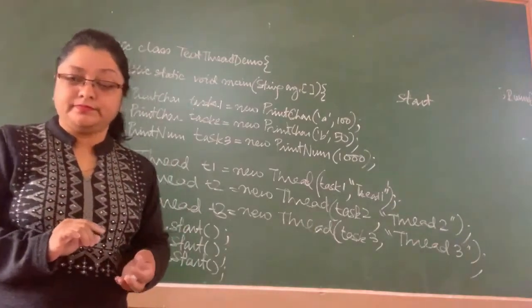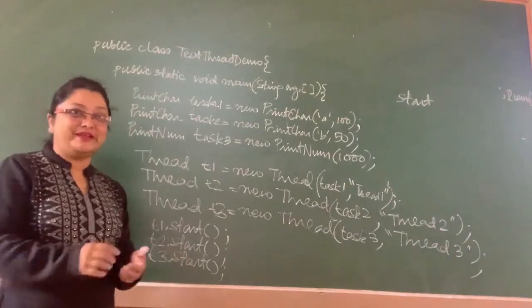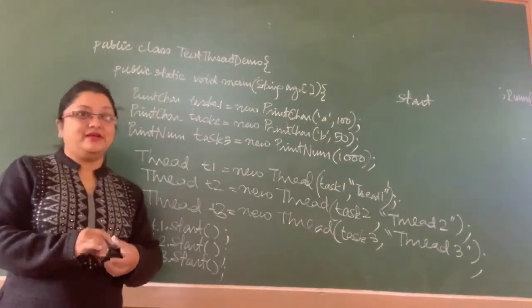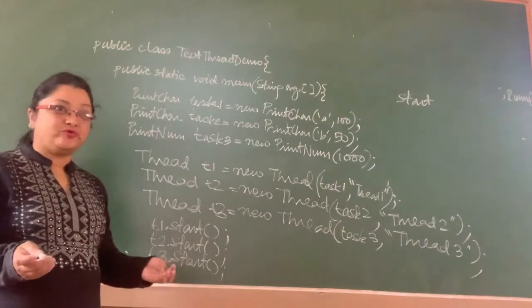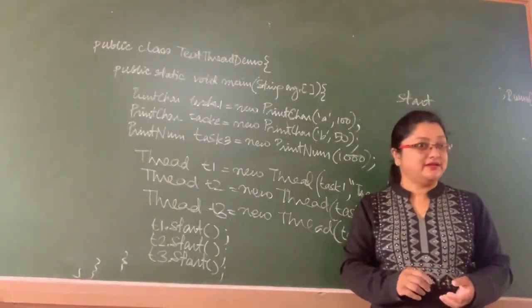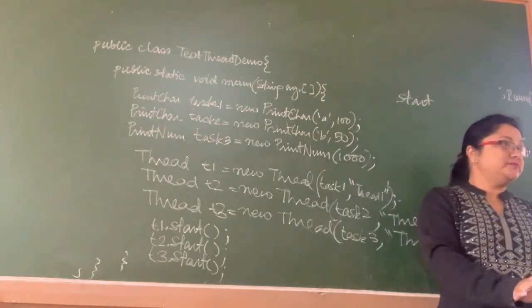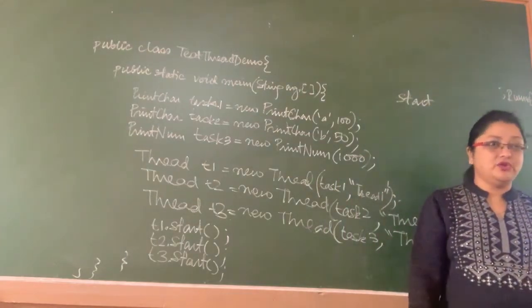That's all. Now, all three will start running on their own. Again, we have no control over which one is going to run first, which one is going to run second. We don't know. It is up to the operating system to do all this handling.